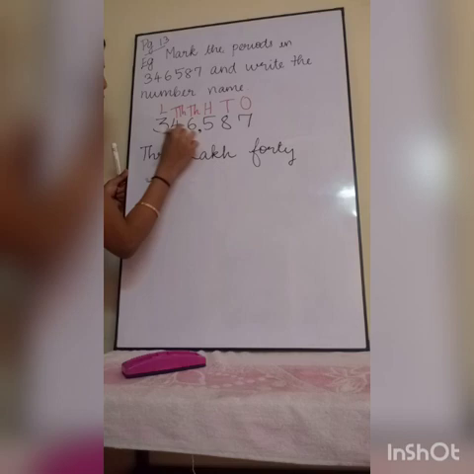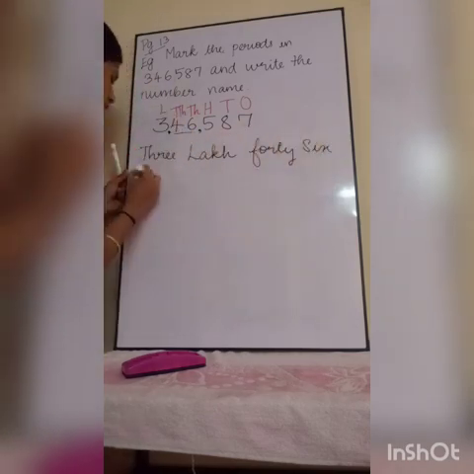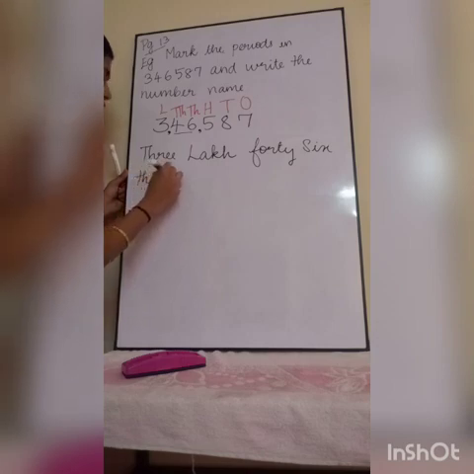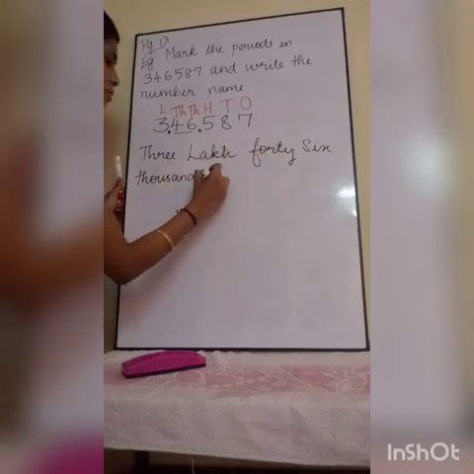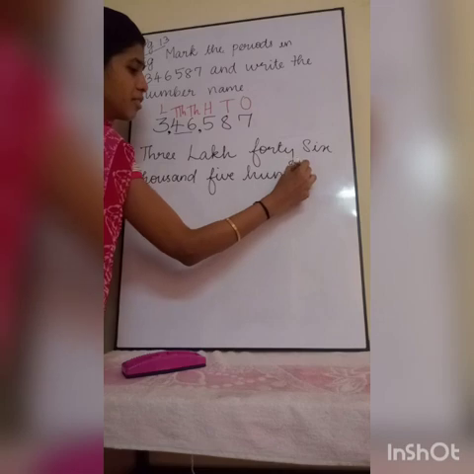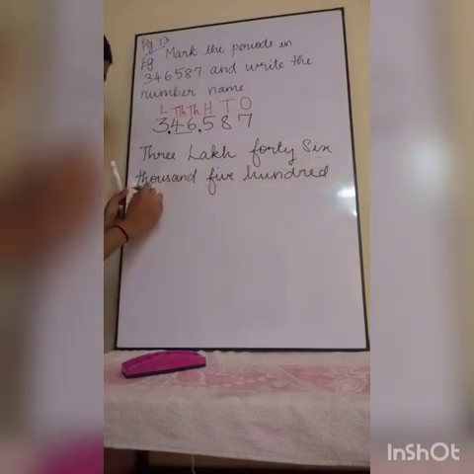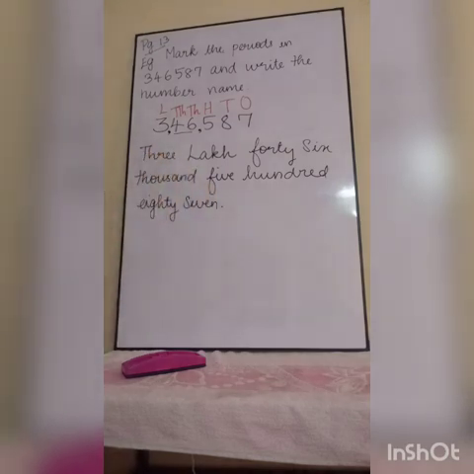Because it is one group, I am calling it together as 46 thousand. Then 587. Understood?